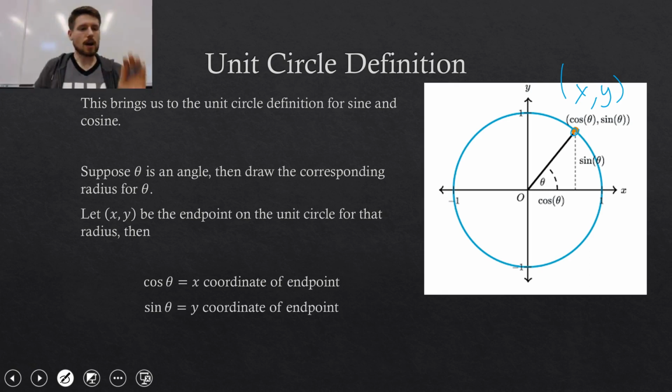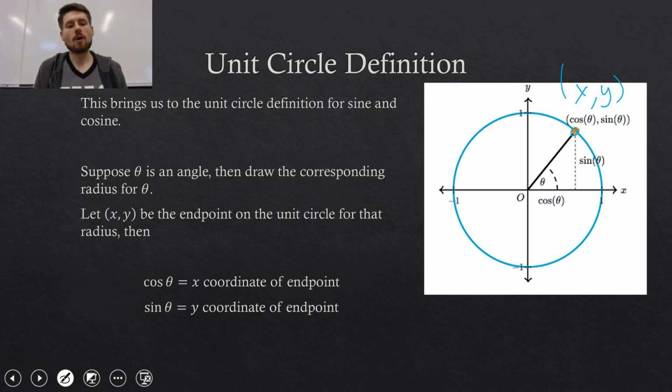So forget about the opposite over hypotenuse and the adjacent over hypotenuse. That was just a stepping stone to get to this definition, which is a more extensible definition of sine and cosine. That last definition only works and only makes sense when your angles are less than 90 and you have a physical triangle you're looking at.